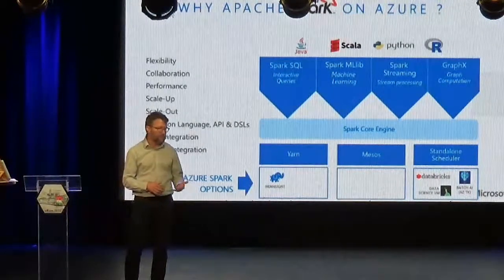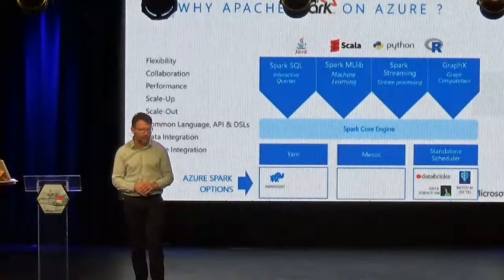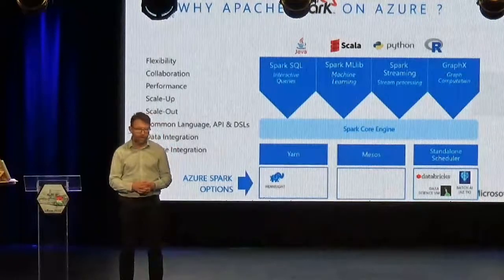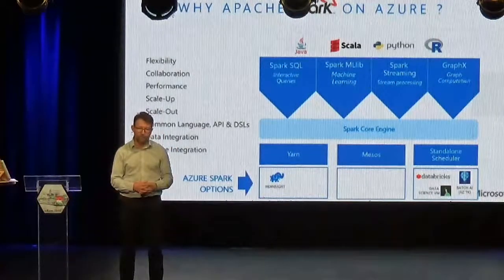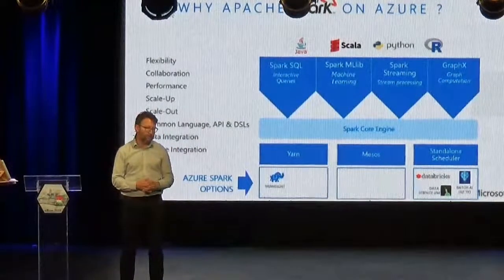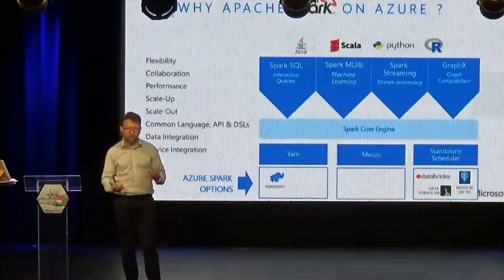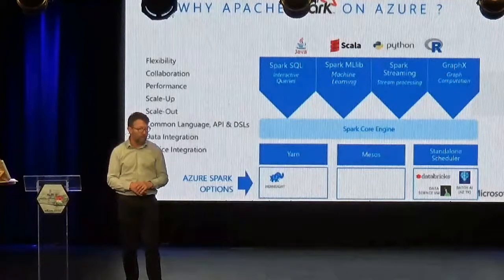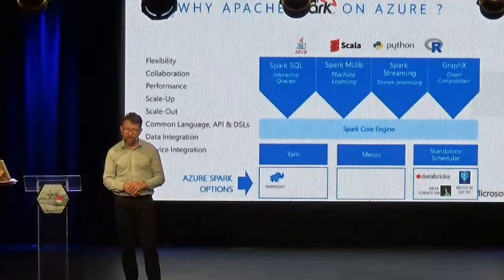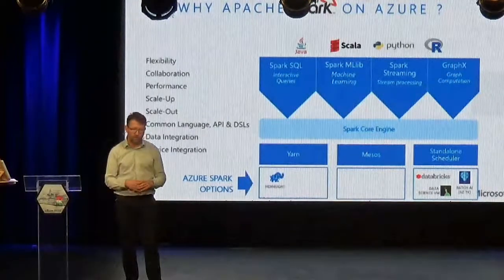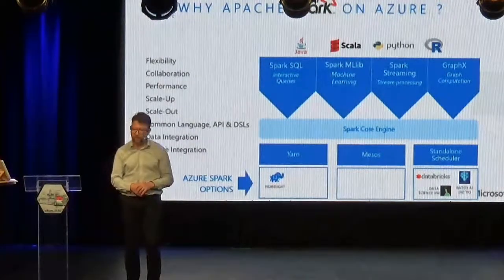We have HD Insight, which is our Hadoop service in the cloud. That's really good if you're trying to integrate other types of Hadoop processing framework alongside Spark. And then we have Azure Batch, which provides a really nice environment if you're doing deep learning type training, and particularly if you need access to GPUs and you need to drive a lot of processing at a very efficient cost point.